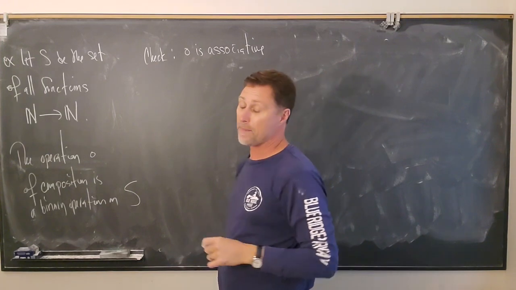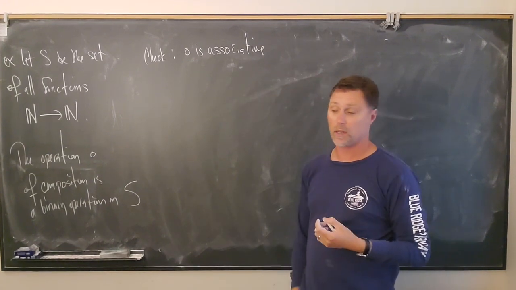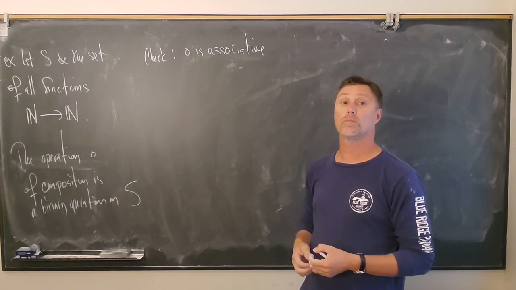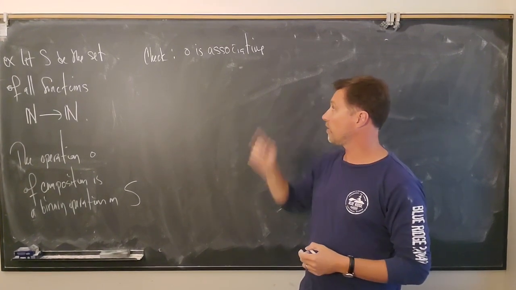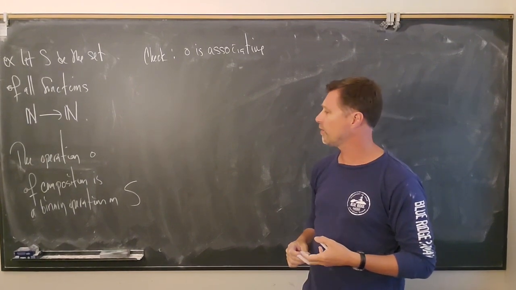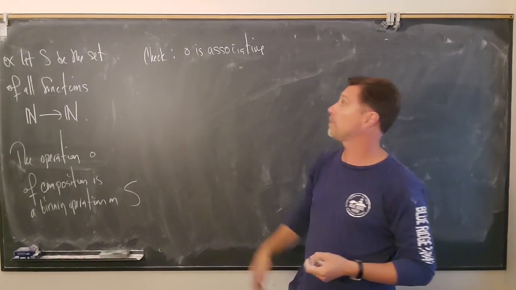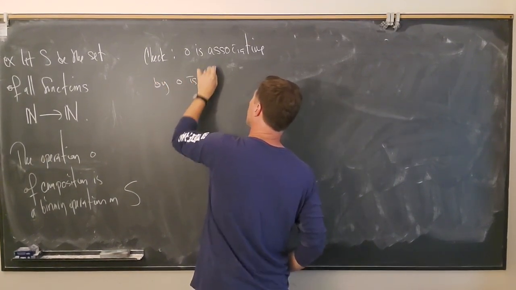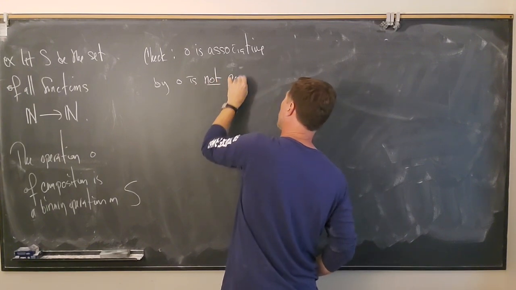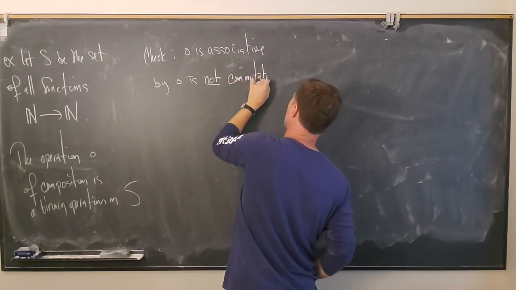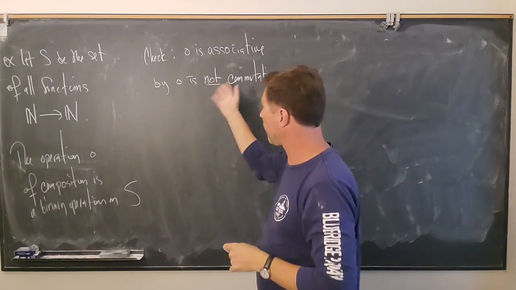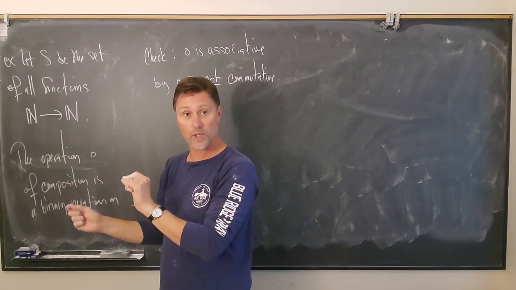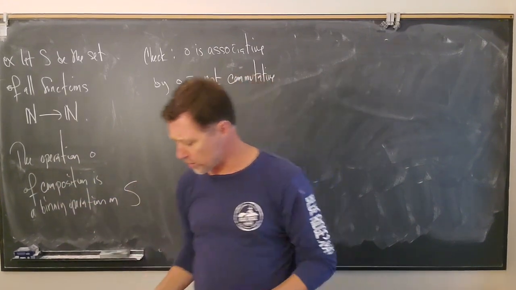In fact, in Math 248 and probably any Math 248 class, we show that composition of functions in general is an associative operation. But composition is not commutative. To verify this, you should come up with an example of two functions from N to N so that when you do the composition in one direction and the other direction, you get two different functions.